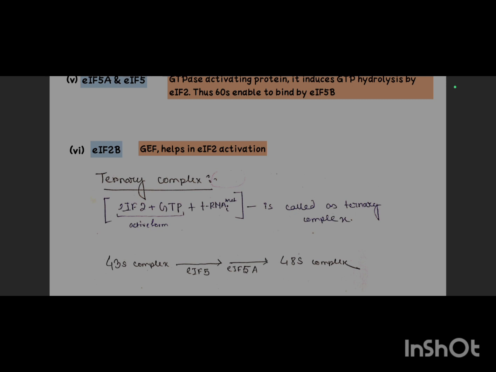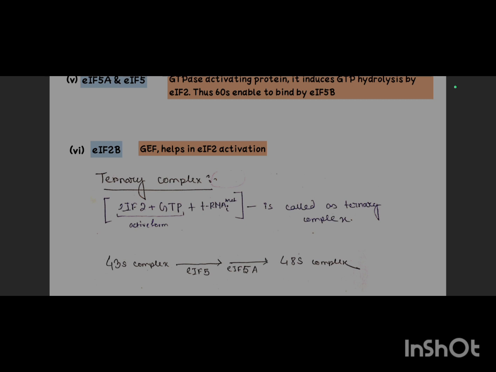Okay. So this is called the ternary complex. When it gets attached with the 40S subunit, then we call it the 43S complex. So the question comes very frequently: what is the ternary complex? Ternary complex is nothing but it is composed of EIF2, GTP and the initiator tRNA. This is the ternary complex.